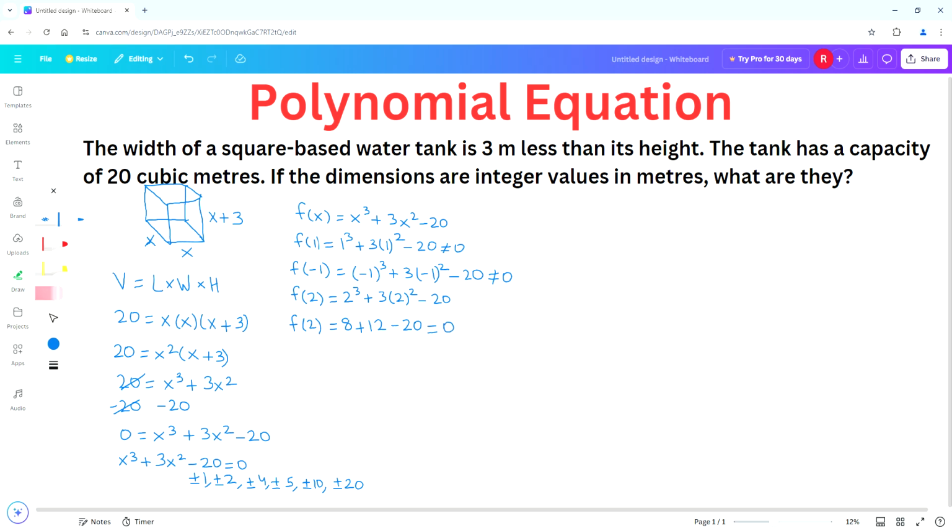That means for x equals 2, the cubic polynomial becomes equal to 0. We can find the binomial factor for the polynomial by setting the equation equal to 0. We should subtract 2 from both sides. So the binomial factor is x minus 2.